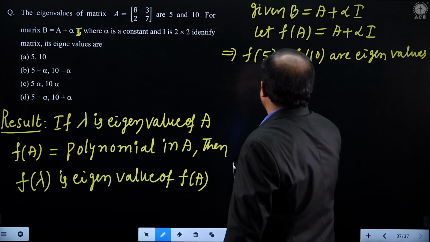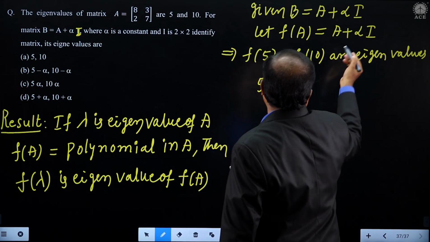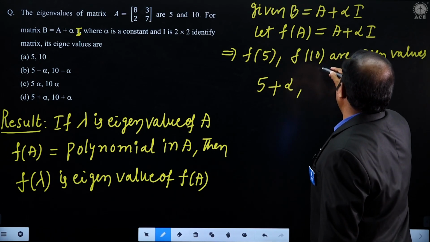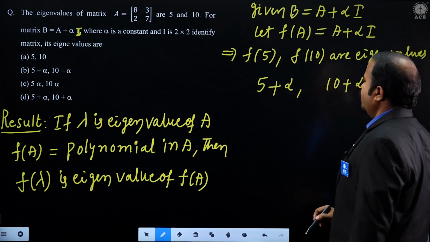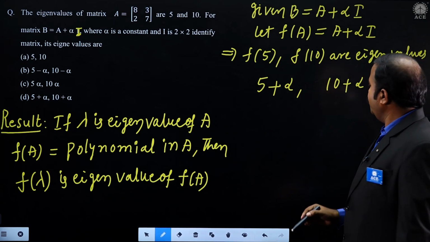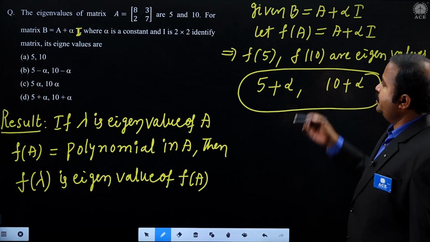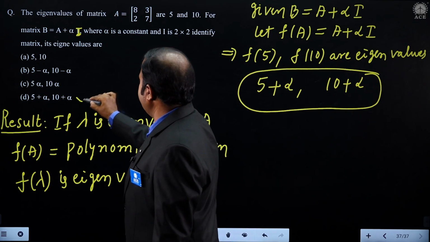That is 5 plus alpha into I means 1 only, so 5 plus alpha, and f of 10, that is 10 plus alpha into I means 1 only. So 5 plus alpha and 10 plus alpha are the eigenvalues of the given matrix B. So which option? Option D is the correct one.